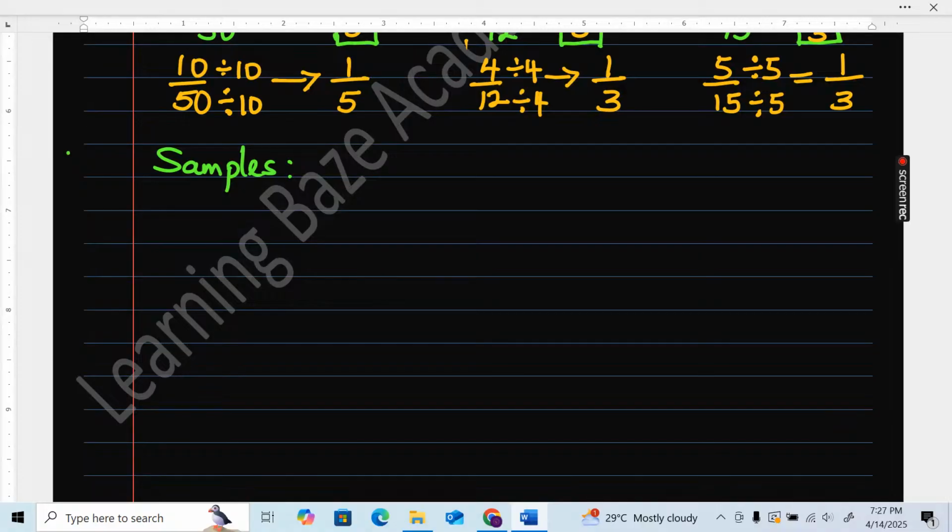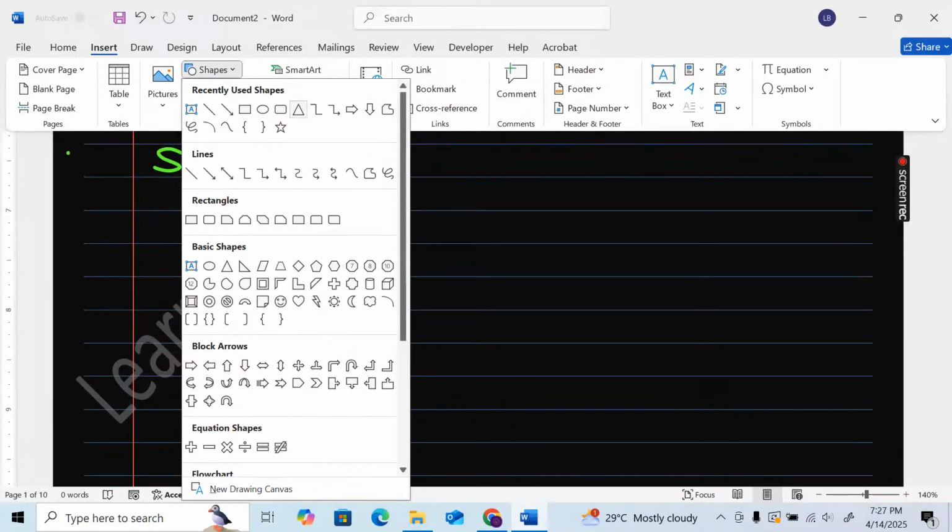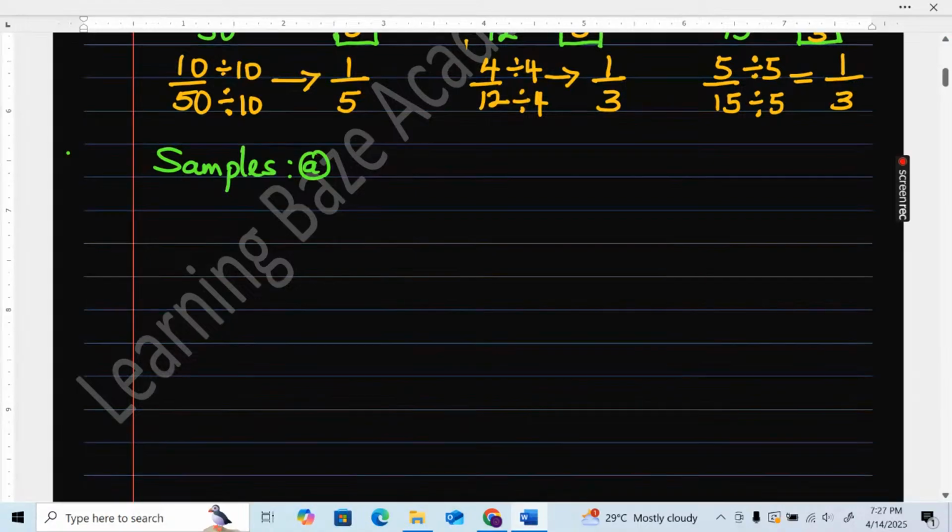So this is the next sample. We'll be having the first sample, which is sample A. This sample is going to be involved with a triangle, so we'll be using the shape of a triangle for this sample.